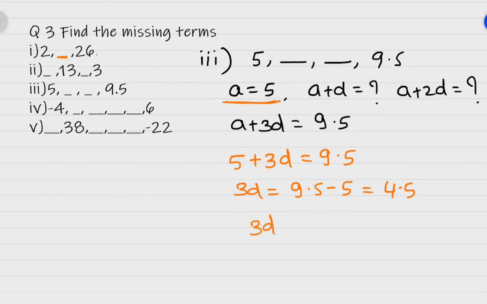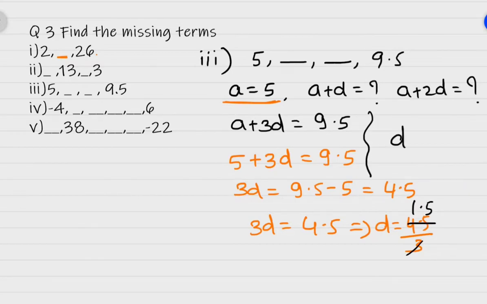So 3D will be equal to 4.5 and your D will be equal to 4.5 by 3, and if you cancel you will get 1.5. So the value of D is equal to 1.5.